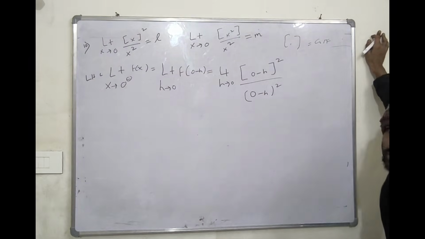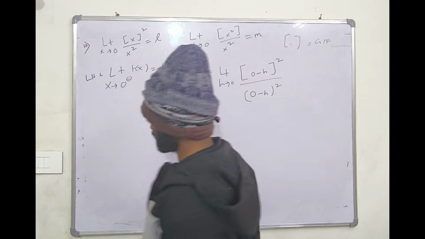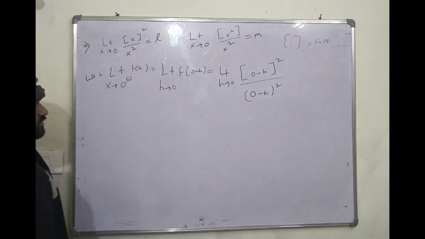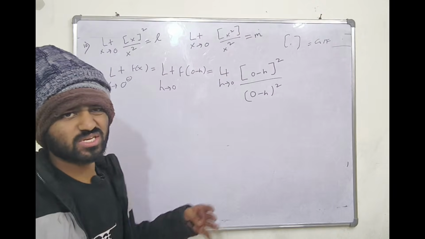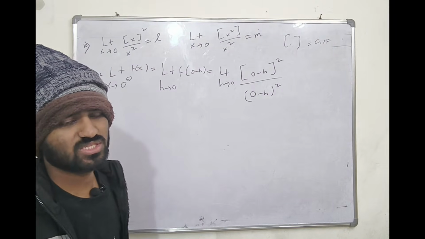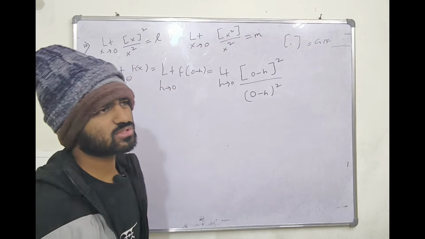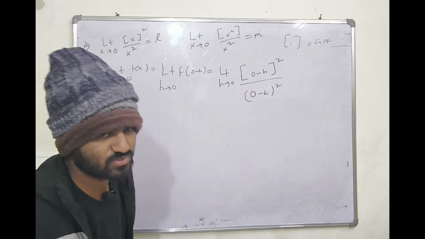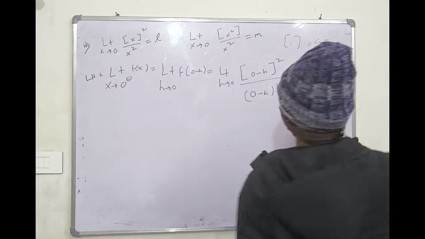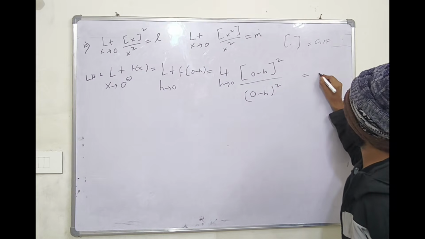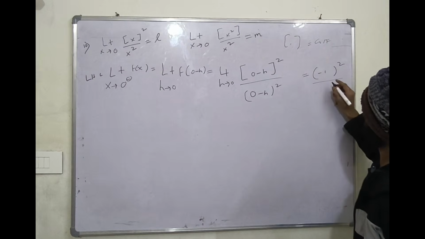Here 0 minus h is negative, just less than 0, between minus 1 and 0. Step of values between minus 1 and 0 gives minus 1. So this value is minus 1 whole square by h square.